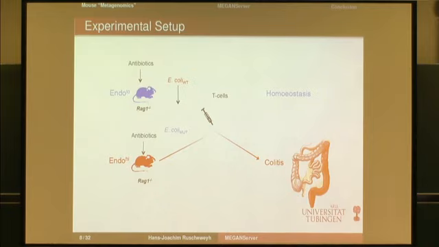So both of them got antibiotics at day 0. This one got slightly different antibiotics than this one, because here you actually wanted to kill the Bacteroidetes, and here you just wanted to give a broadband antibiotic.